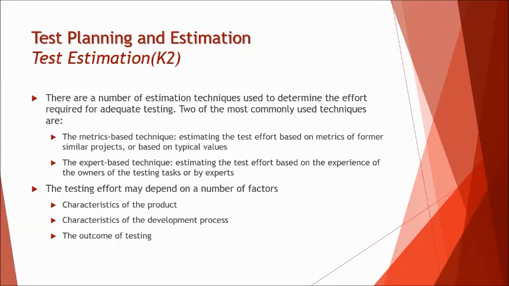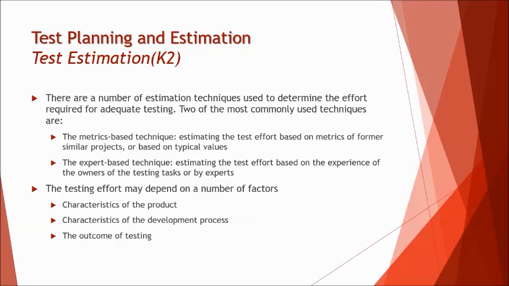Just to add more to it, the testing effort may depend on a number of factors, which include characteristics of the product, characteristics of the development process in use, and the outcome of testing. These are some of the factors which define how efforts can be allocated to the activities being conducted.